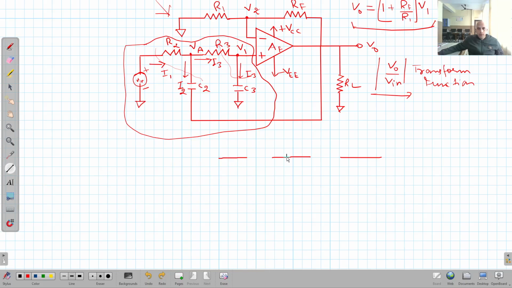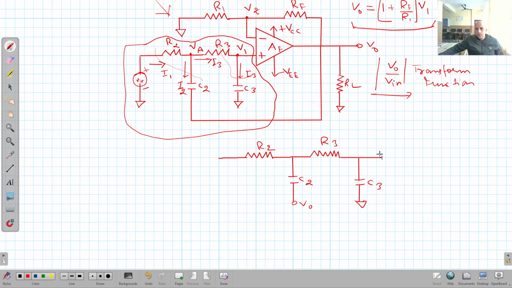Now this is R2, R3, C2, this is C3. C3 is at virtual ground, whereas this is connected with the B out.